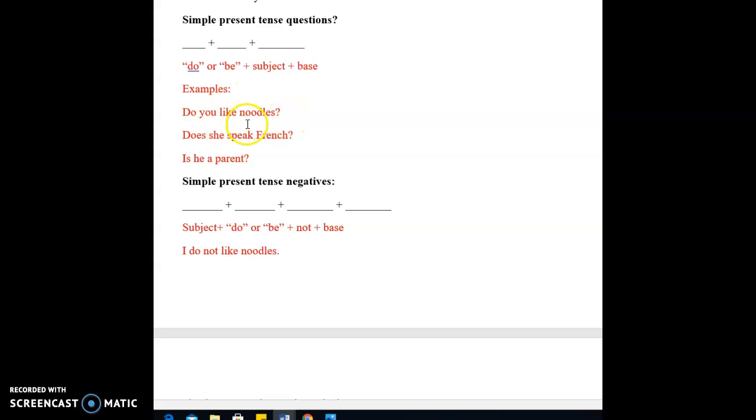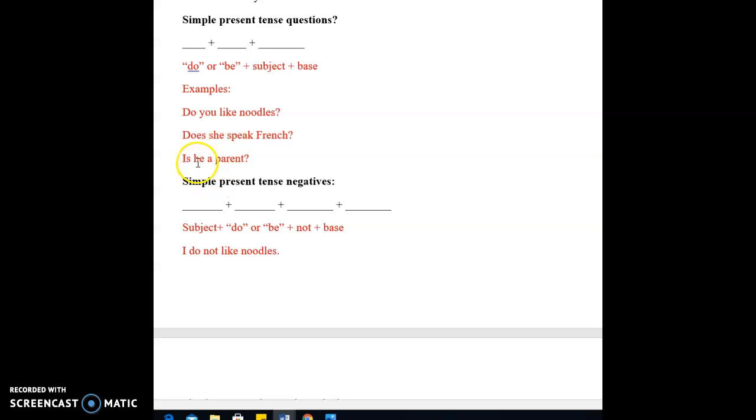Okay, one way you can check it is you can just say you do like noodles. Okay? You could turn it into a statement. Does she speak French? So again, to check for the agreement, she does speak French. But again, you see the order. You're starting with the auxiliary, do, subject, she, and then the base verb.